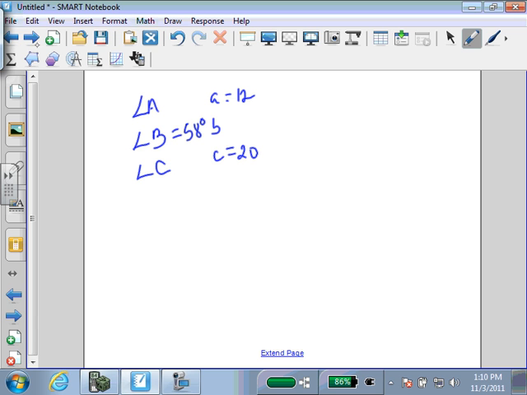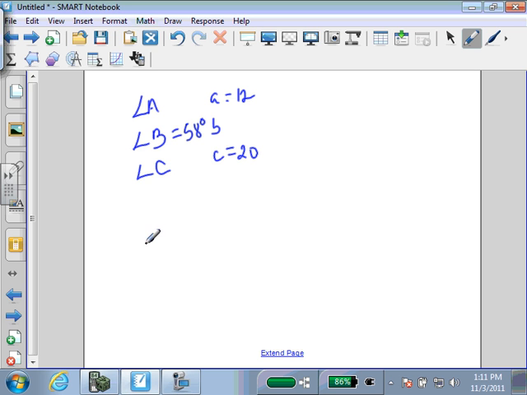Okay, so let's try a problem. Let's suppose we know that angle B is 58 degrees, side A is 12, and side C is 20. We're not in any position to do the law of sines, so we're going to do the law of cosines.